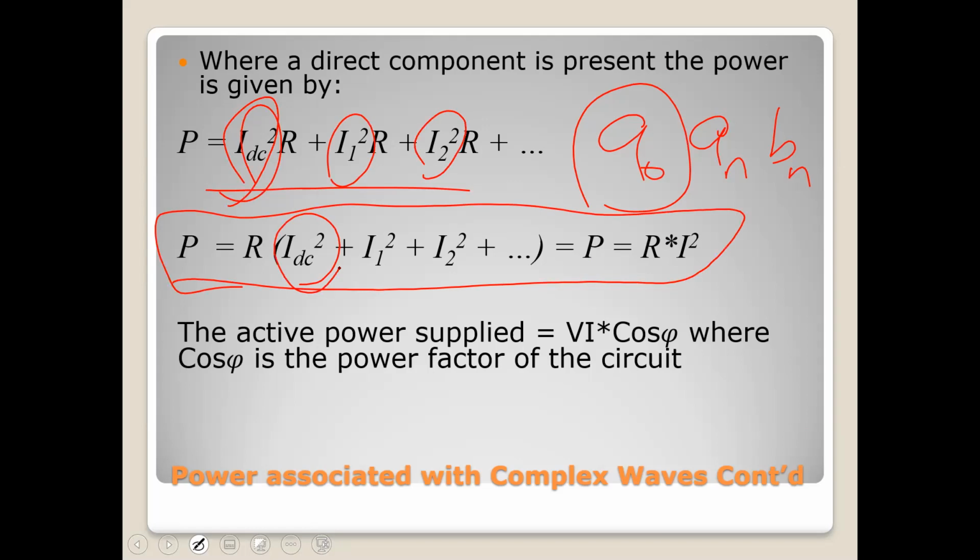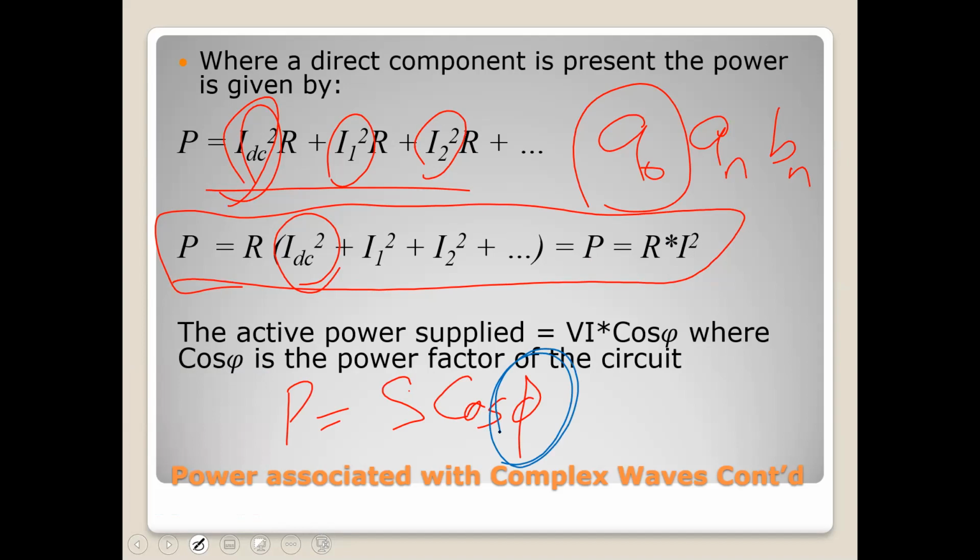Now, the active power that is supplied to the circuit, we know that the active power P is also equal to the apparent power S times cos phi. In this case, however, note all the other phis that we have spoken about, I have denoted them as phi 1, phi 2, and phi 3.